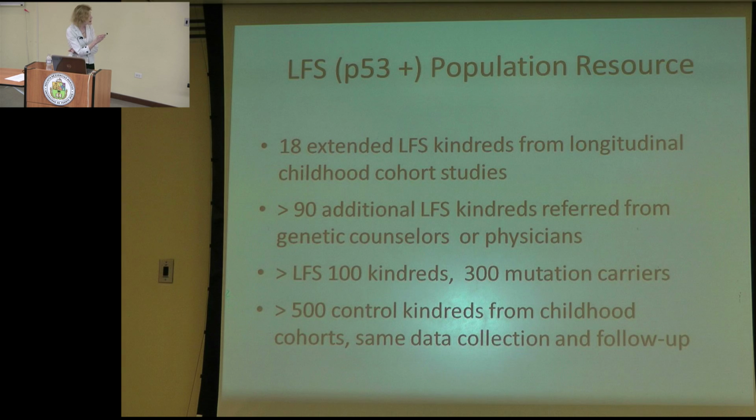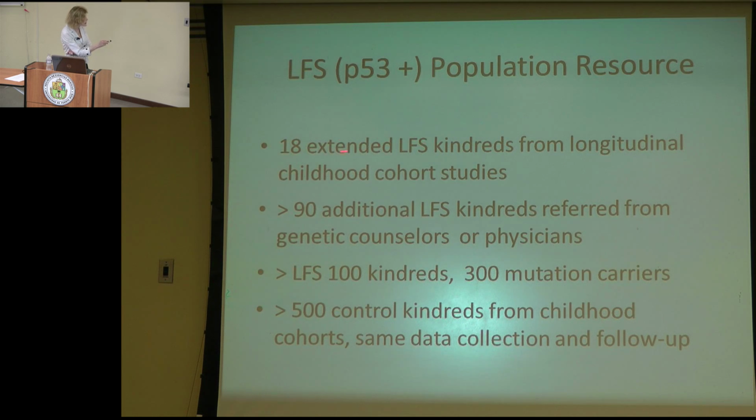So now the next data I'm going to show you are based on a resource, a sort of population resource of Li-Fraumeni syndrome or p53 germline mutation. I'm going to use these two interchangeably, and show you how we've tried to characterize what it means to have a p53 mutation.